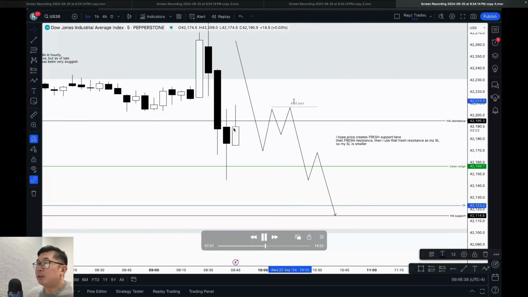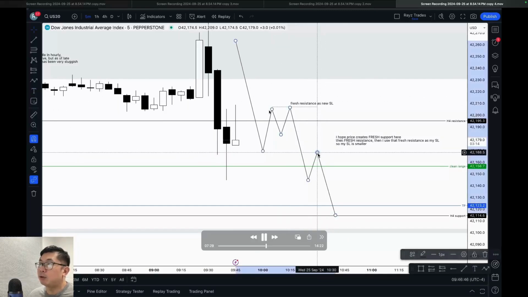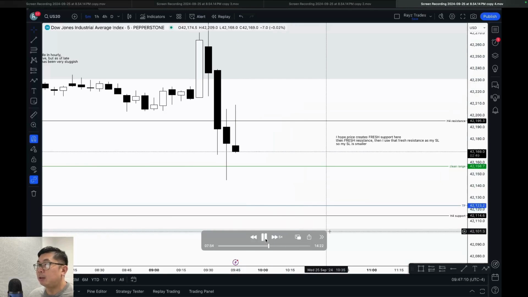So I was hoping this candle closes as a weak bullish candle, so I know it's not a reversal going higher. Fresh resistance as new stop loss. That's what I wrote, but I removed it so there's not too much stuff on the chart.